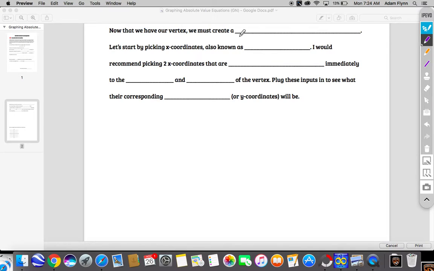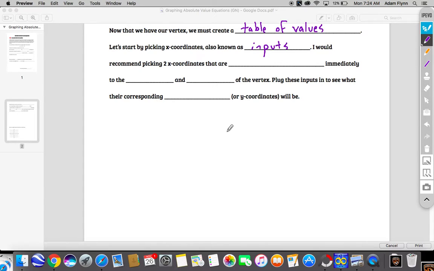Okay, so now that we have our vertex, we must create a table of values. Let's start by picking x coordinates, also known as inputs.